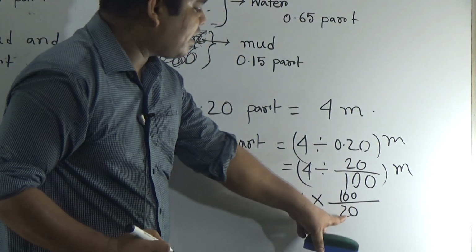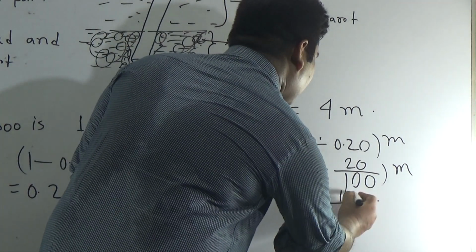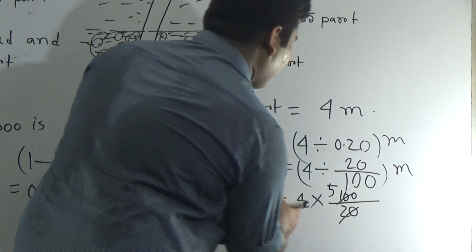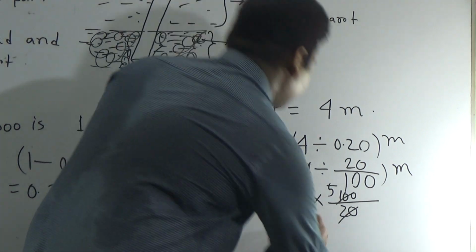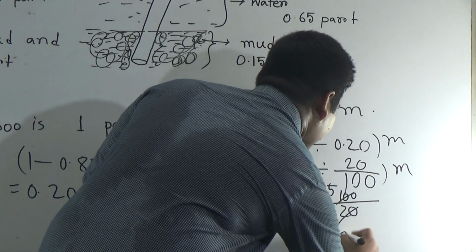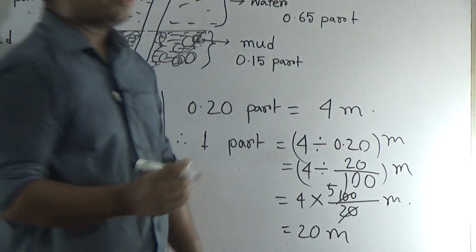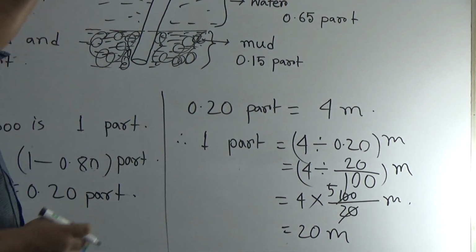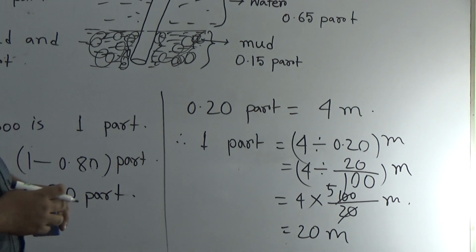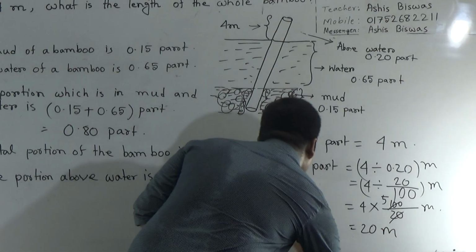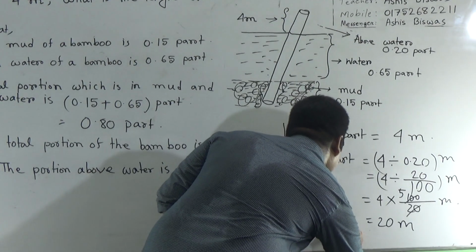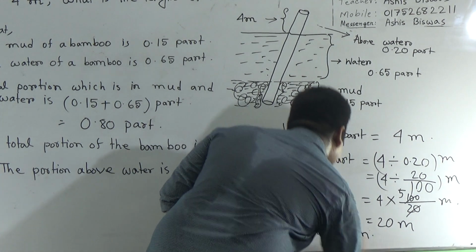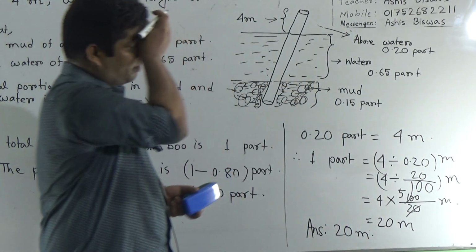Now we cut this 100 by 20 and it will be 5. 5 and 4 are left. So 5 4s are 20 meter. My dear students, 20 meter is the required length of the whole bamboo. I hope you have understood, and this is the answer. You must write the answer after solving your problem.